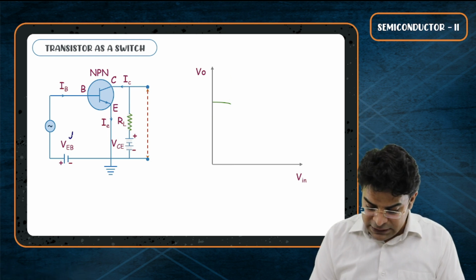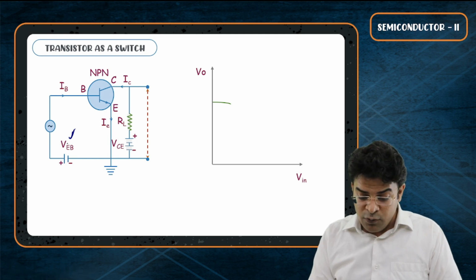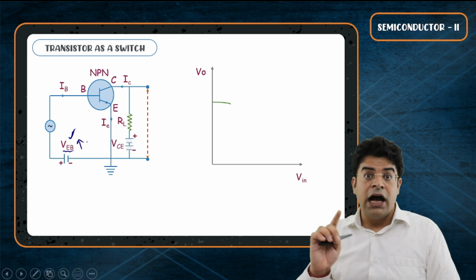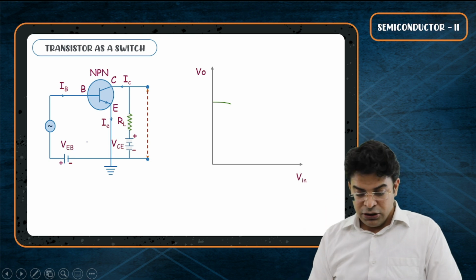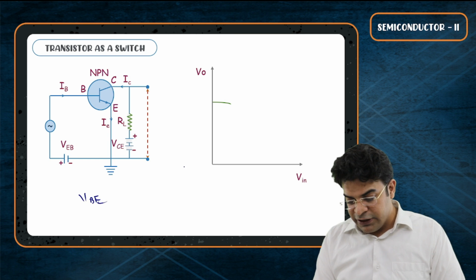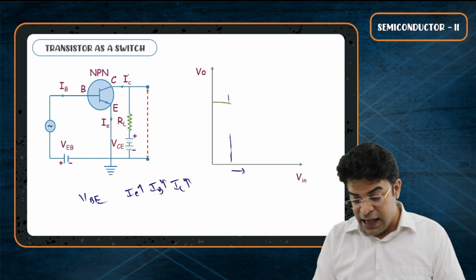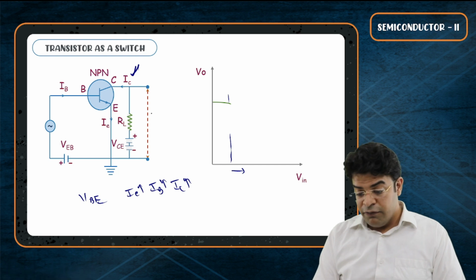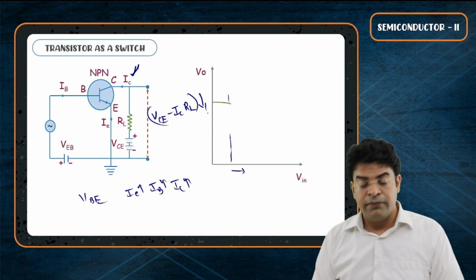Now, once VBE becomes more than knee voltage, then on further increase in VBE, IE increases, IC increases, IB increases. So as VBE further increases and becomes more than the knee voltage, IE increases, IB increases, IC increases, and as IC increases, we know that the output potential, which is VCE minus ICRL, will start to decrease.